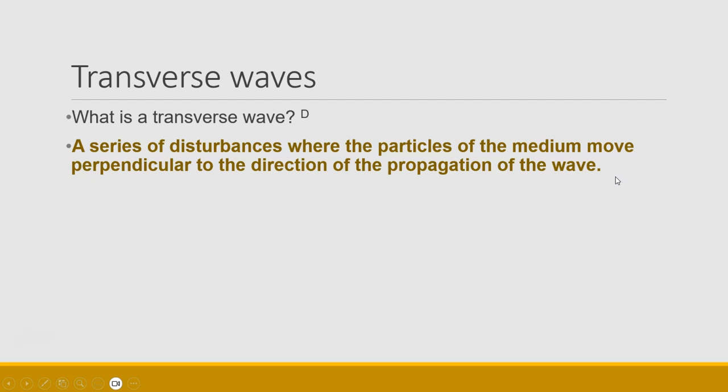So remember, when we defined a transverse pulse, we learned that it is a single disturbance where the particles of the medium move perpendicular to the direction of the propagation of the pulse. The definitions are very similar because a transverse pulse and a transverse wave have the same shape. The difference is in the number of disturbances.